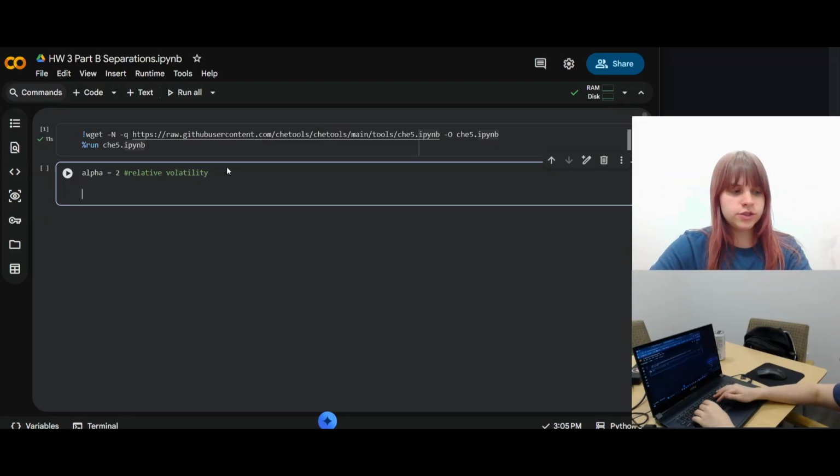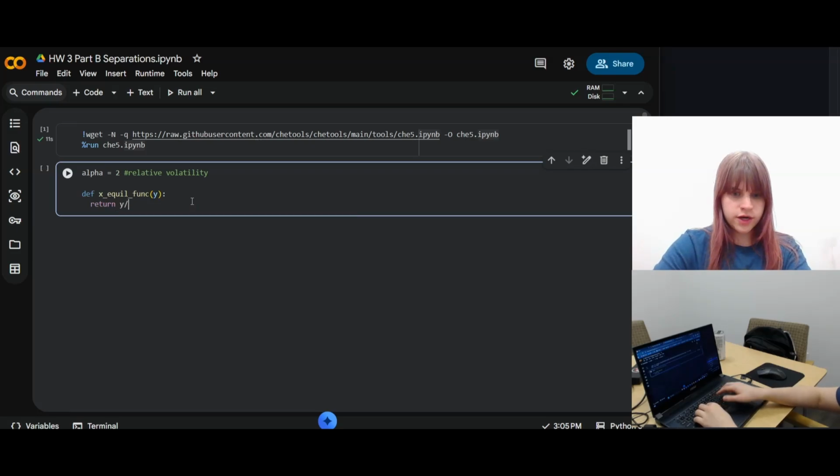And first we want to have our equilibrium function. So we have the equilibrium function dependent on y. And we're going to return y divided by y plus alpha times 1 minus y.